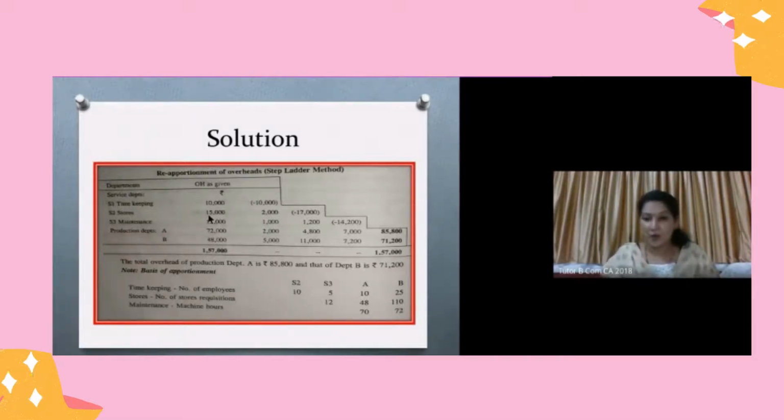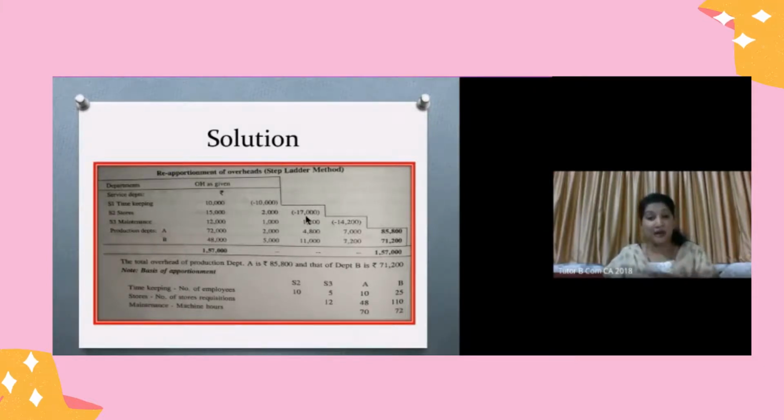Now we have the overhead expense of S2, that is the stores department, and we know the number of stores requisitions. Now what are we going to do in case of stores? Here we have the share which has already been shared from S1. So the overhead expense of S2 plus what has been shared from S1 is 17,000.